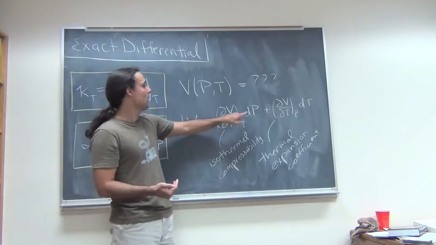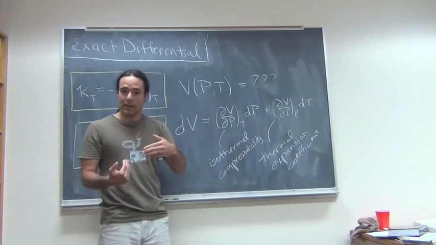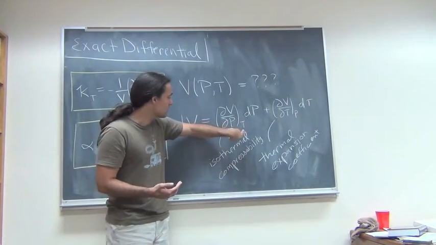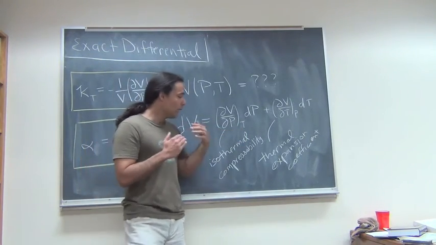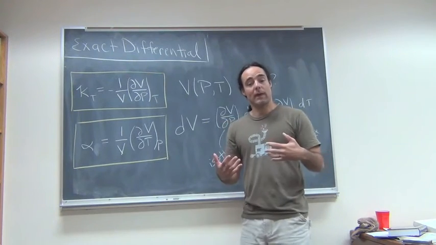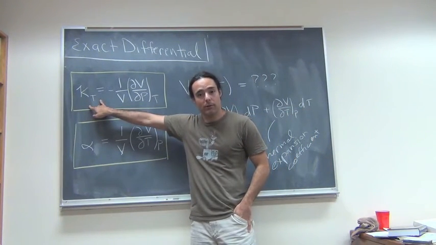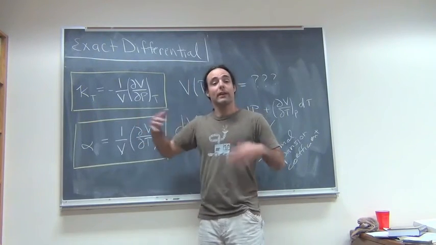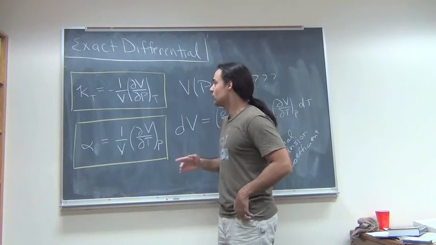So for example, we change the pressure, we look what happens. We change the temperature, we look what happens. Okay? So if we change the pressure, keeping the temperature constant, we could compress or expand the material. When that happens, we get the isothermal compressibility. Isothermal, again, because the temperature is constant, compressibility because we're compressing the gas.